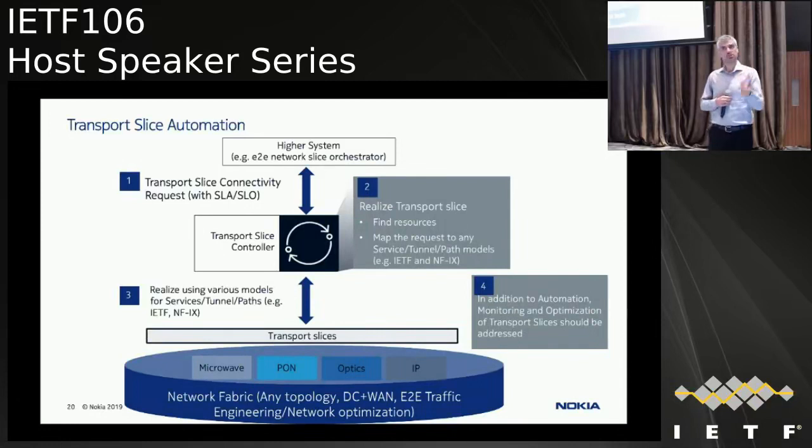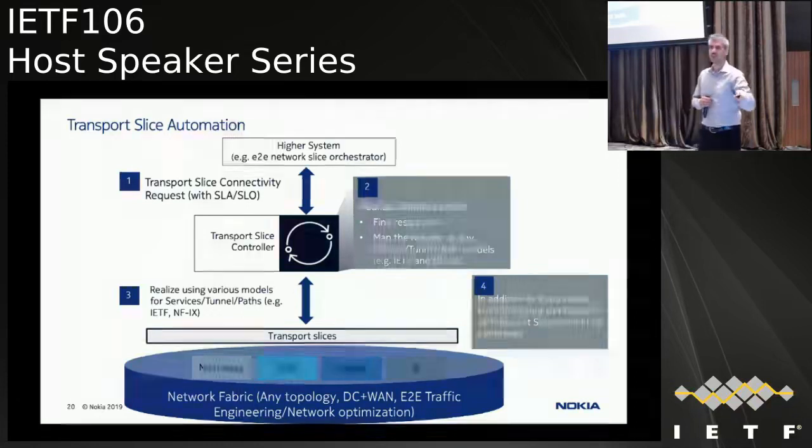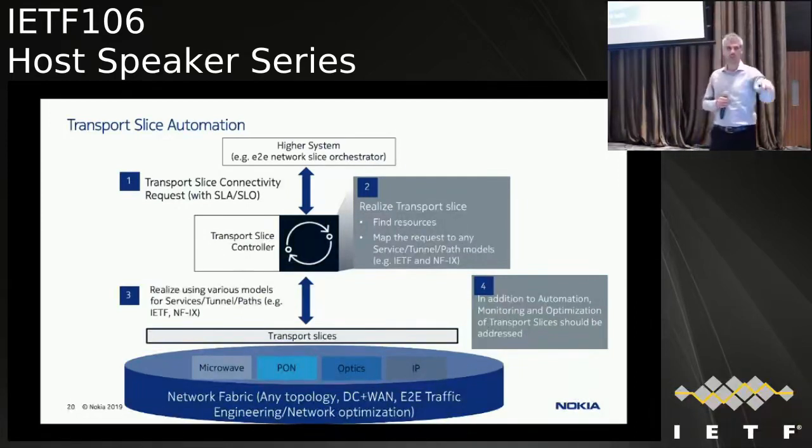I asked you two questions. The first question was why we need some other information when I want to create number one. It should have, in addition to endpoints and SLA and SLO, some other information. The answer to that one is number 4. In addition to creation or automation, we need to do the assurance.